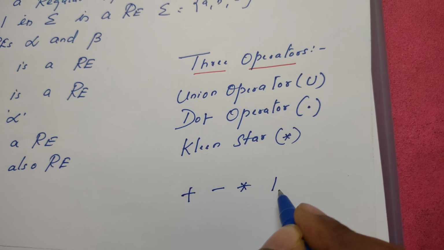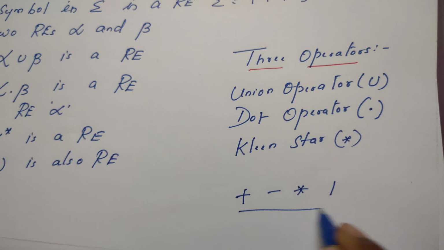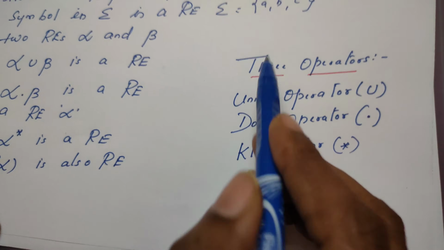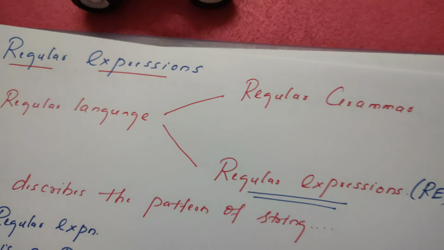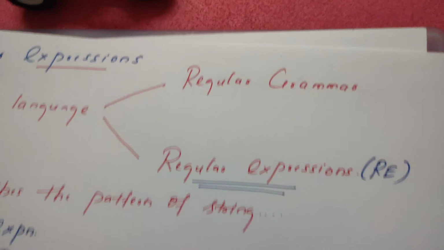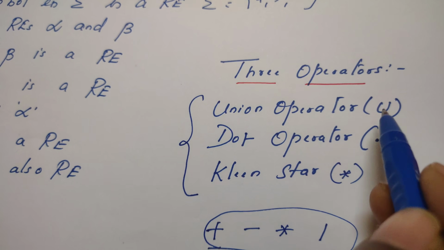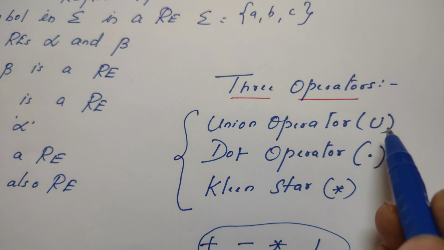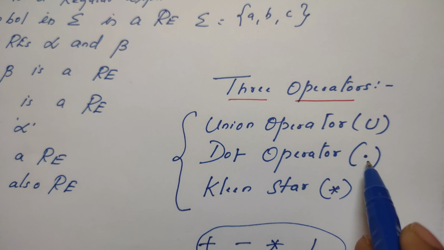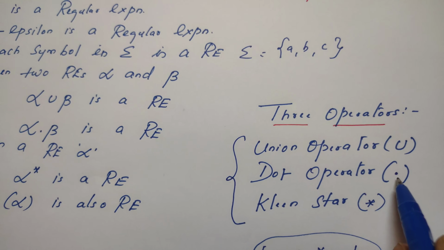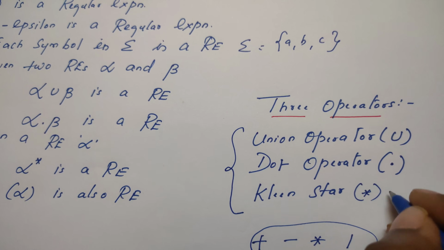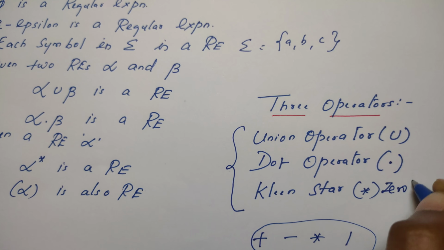These are the basic operators we use to build arithmetic expressions. To build regular expressions, we use these 3 operators: union operator, dot operator, Kleene star operator. Union means either-or. The dot operator is always used to concatenate strings. Star means 0 or more.